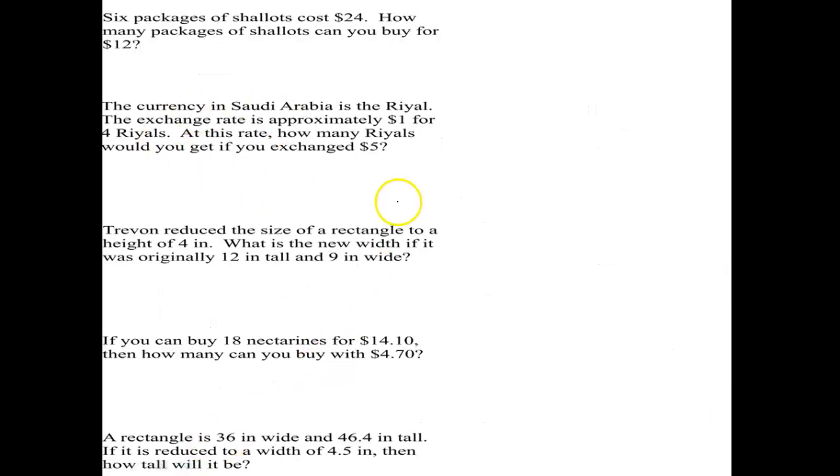All right, we're going to use proportions to solve, and I want to show you guys how to set them up. Here, I want you to understand how to write out your word ratio: what we know, and then our unknown. It's very easy. So we have 6 packs of shallots cost $24. How many packs of shallots can you buy for $12?